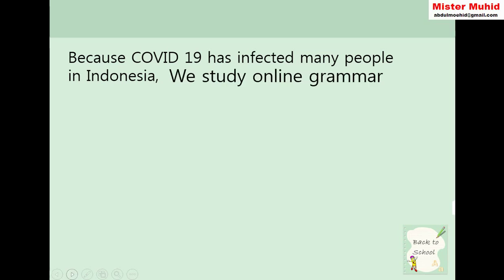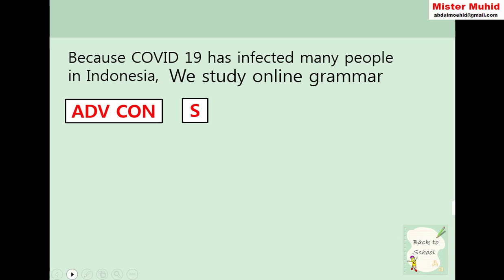So in this case, because comes first, but you need to add a comma after the first clause. So the adverb connector is because, and then COVID-19 is the subject, has infected is the verb, and then we study is subject and verb.